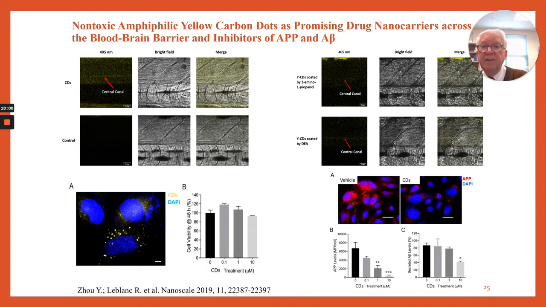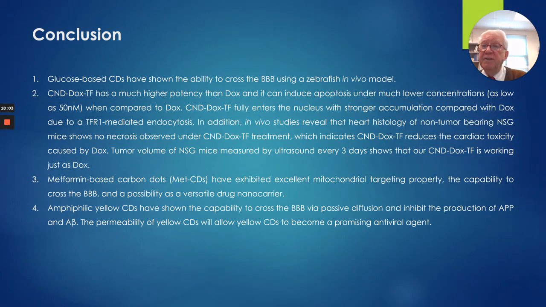So the next slide is to mention that the conclusion of this work is that glucose-based carbon dots can cross the BBB using zebrafish as an in vivo model. Second, what is important to have toxicity to eliminate the cancer cell is to use carbon nitride with doxorubicin and transferrin.